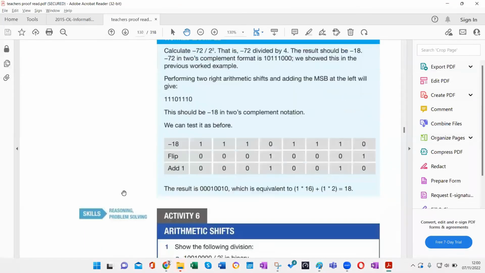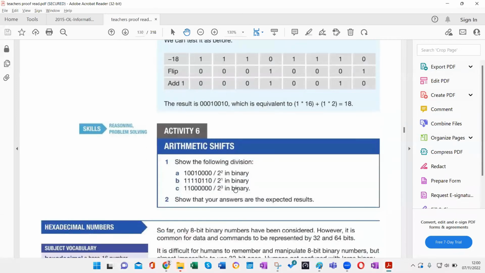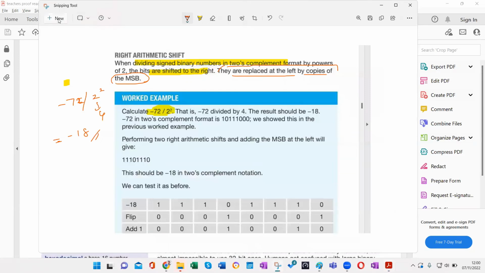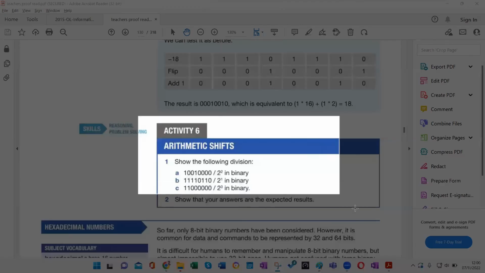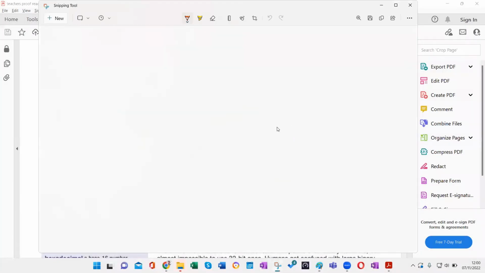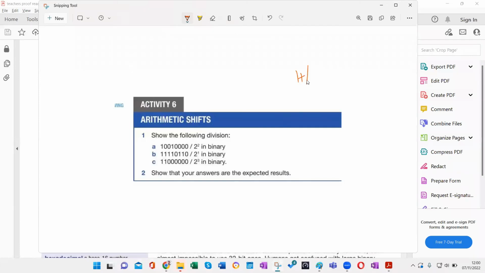So for homework, you do these three arithmetic shifts. Divide this number by 2 to the power 2, 2 to the power 1, 2 to the power 3. Then you will get a good experience. You can share your homework in the common group.